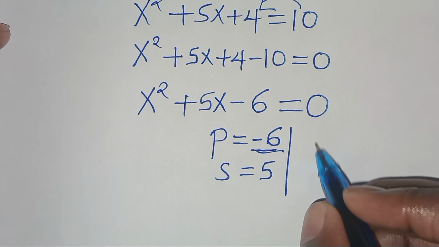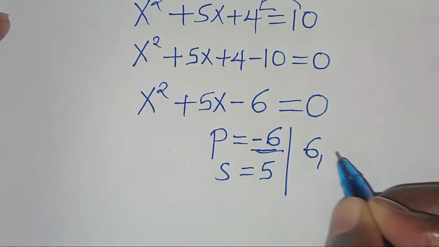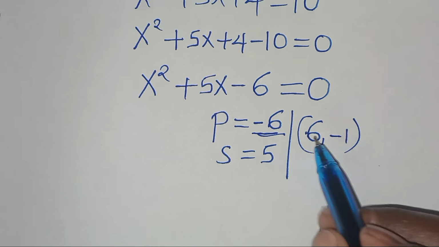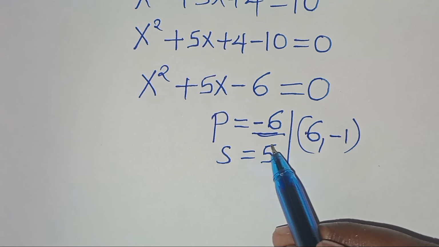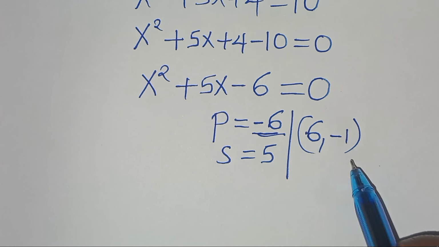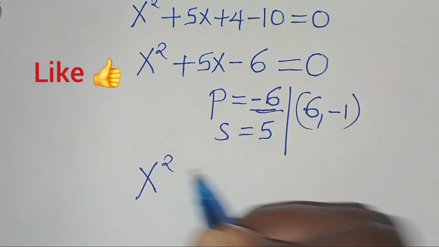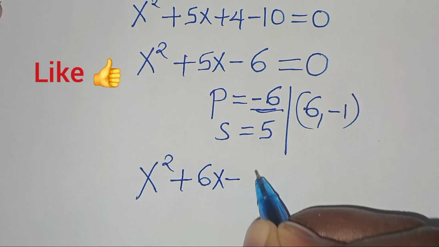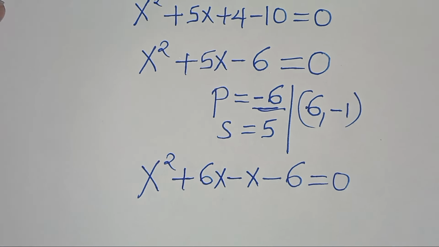So this means that we have 6 and minus 1. In this case, if you have 6 plus minus 1, this is 5. If you say 6 times minus 1, this is minus 6. So this means we have x squared plus 6x minus x minus 6. This is equal to 0.